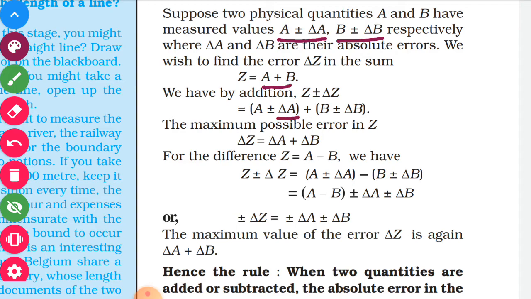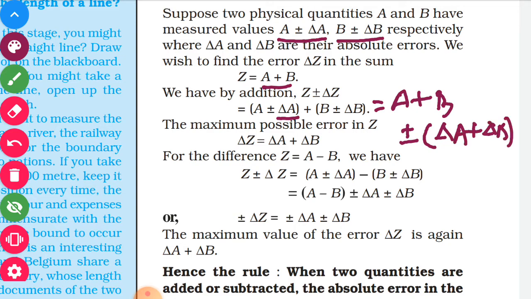If you take plus or minus common, this results in A plus B plus or minus delta A plus delta B. So their absolute errors are also added.